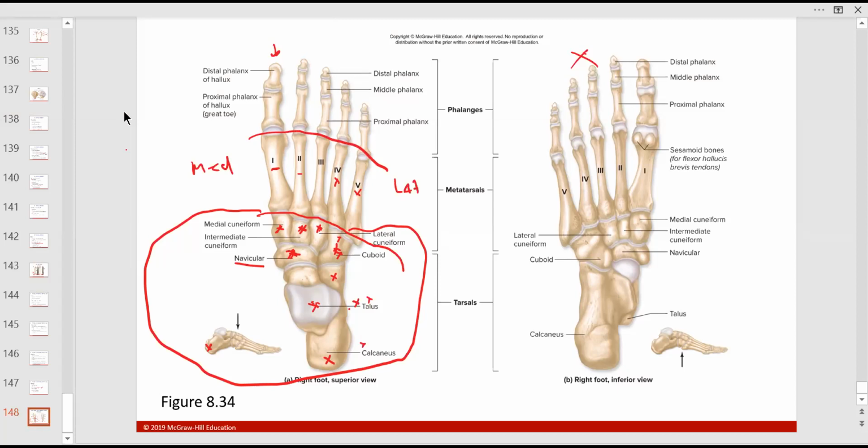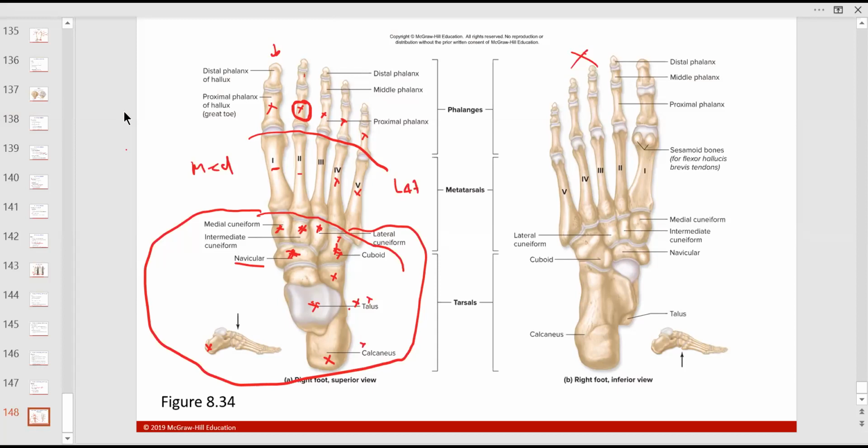So every one has a proximal phalange, and you have to count them. If I point right here, I'm asking for the proximal phalange of digit number 2. You don't have to say right or left. If I point to this one, you say proximal phalange of digit number 2 of the foot.